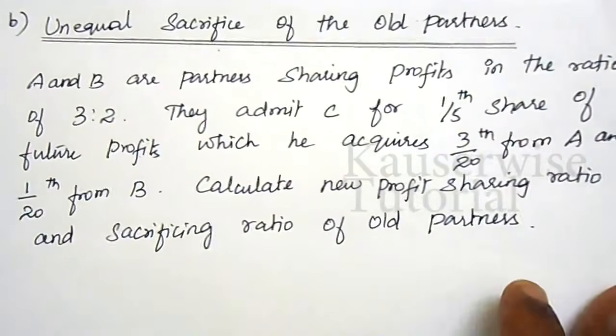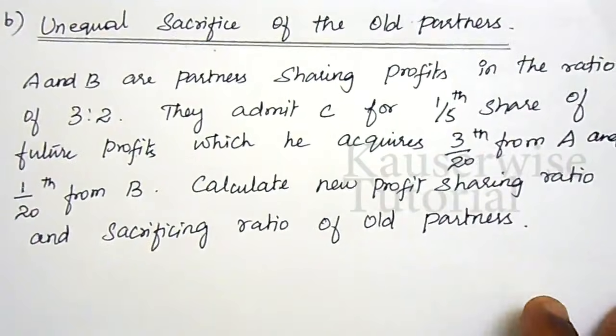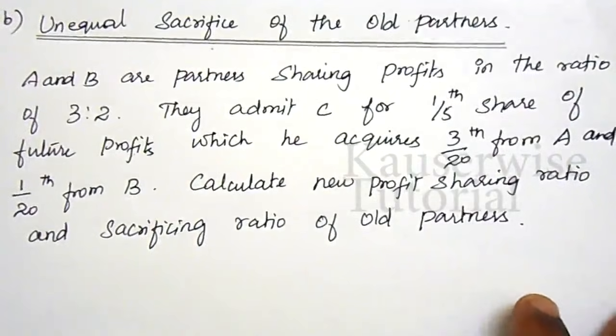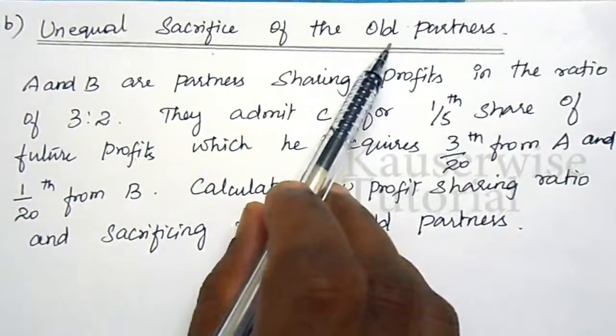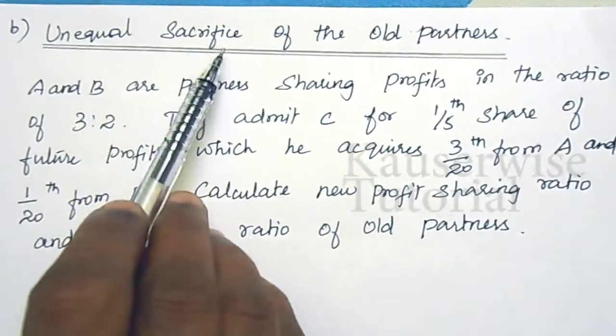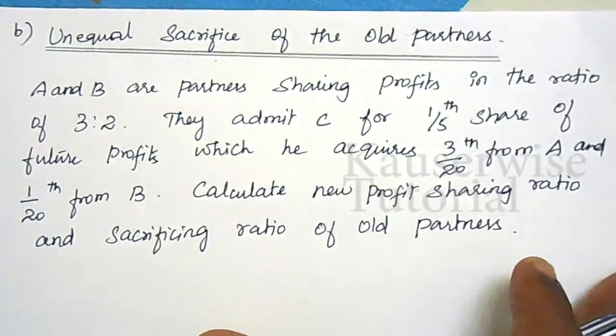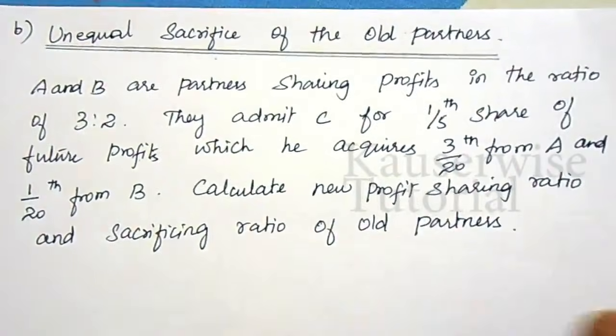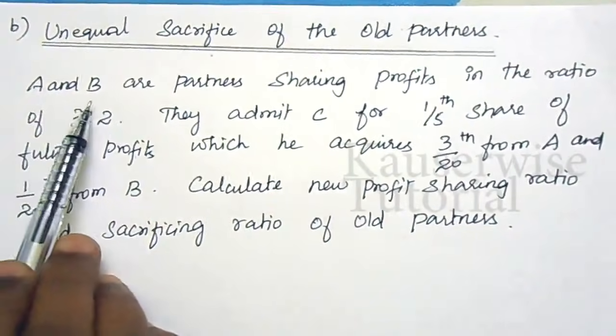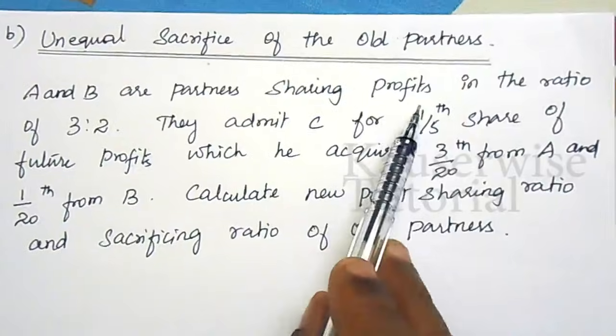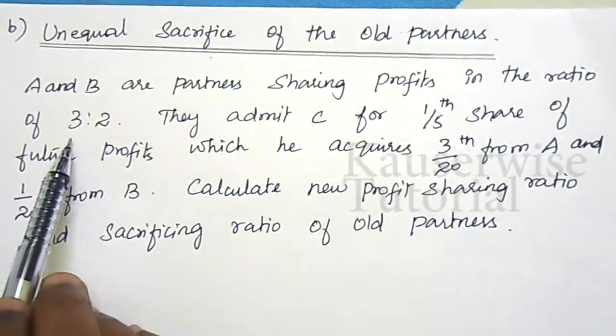So in the second scenario, incoming partner new share is given in the problem, but the old partners' sacrifice ratio is unequal sacrifice. So according to this scenario, we need to calculate new profit sharing ratio and sacrificing ratio. Look at this problem. A and B are partners sharing profits in the ratio of 3:2.